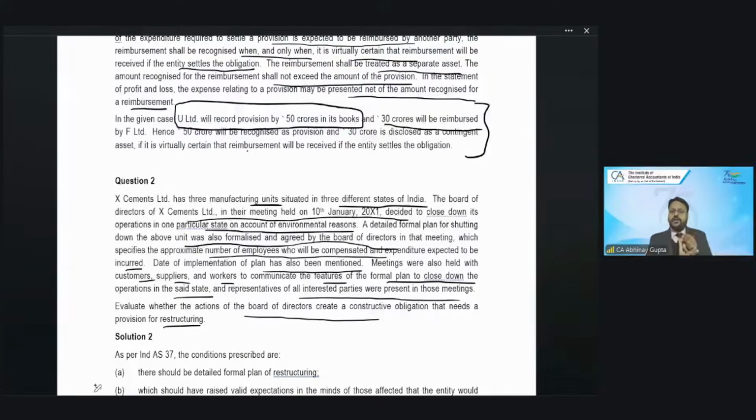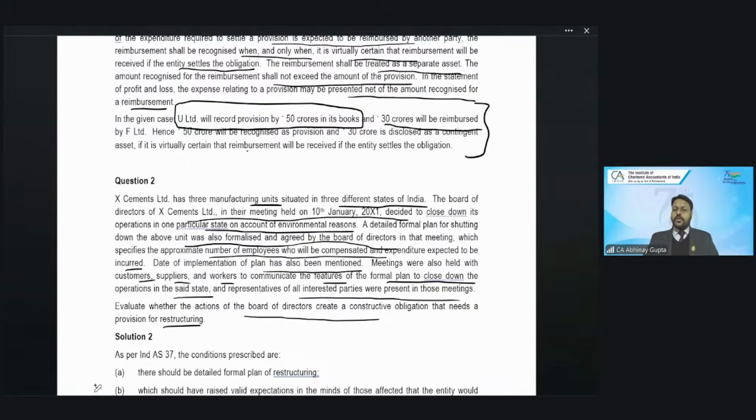Suppliers are advised to look for other companies to supply their raw material, and employees are advised to try to do a job hunt in other companies, right? As we are not going to retain you, right? So all the three affected parties were present and communicated, right?